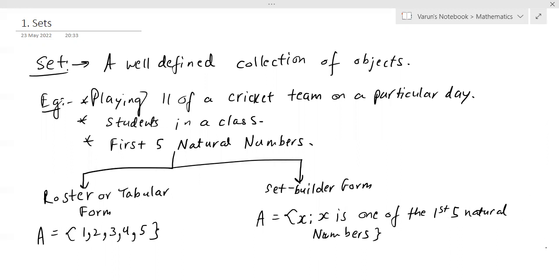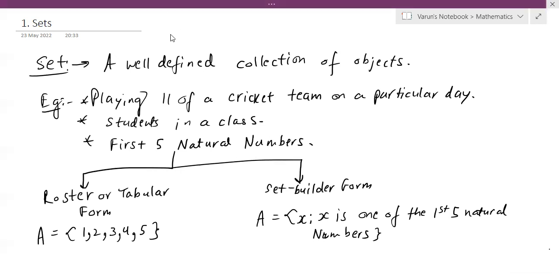So let's take a very simple example and then we'll move forward.